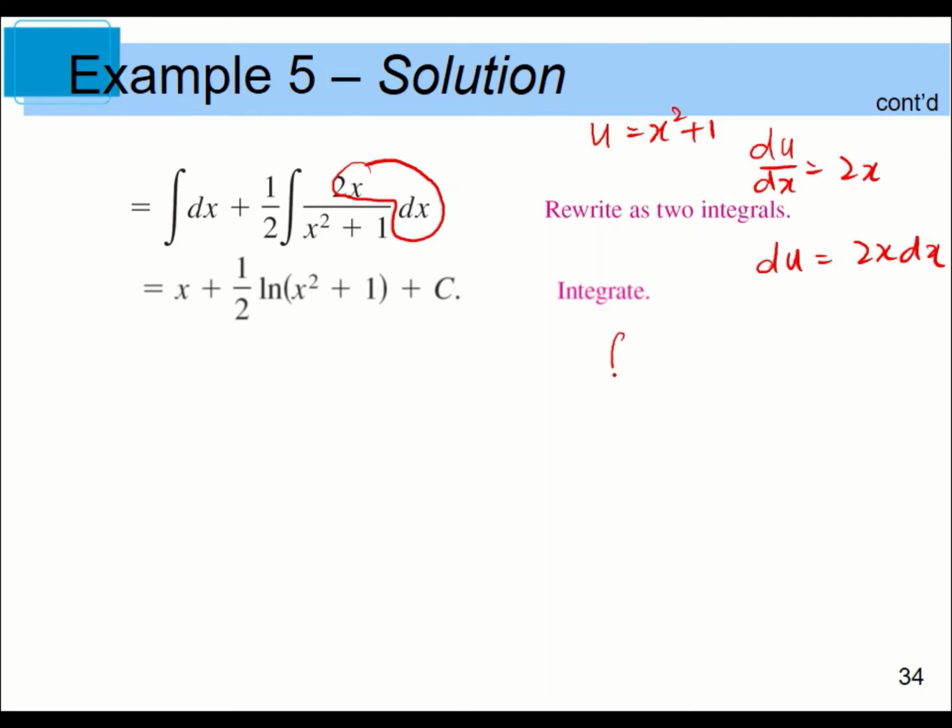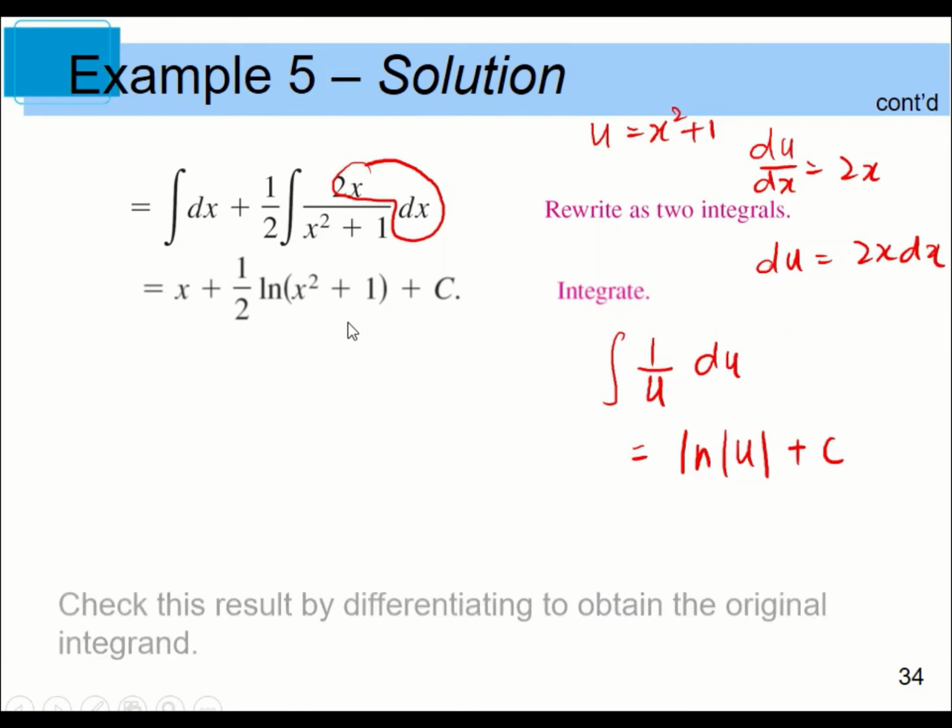And the whole integration now becomes the integral of 2x dx, which is du, over u. So we write the u here, and this now becomes du. When we integrate like this, we get ln u directly. And now we change the u back to x squared plus 1.